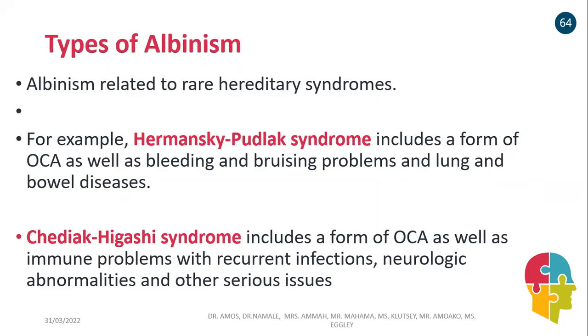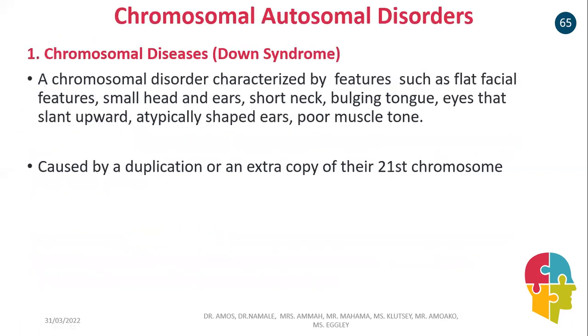In addition to the OCA, these people have bleeding and bruising problems, lung disease, and bowel disease. Then we have the Chediak-Higashi syndrome, where the person has OCA as well as immune problems of recurrent infections, neurological abnormalities, etc. Let's look at the last group, that is chromosomal diseases.